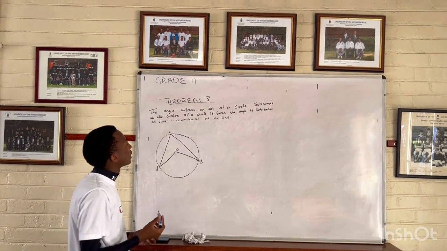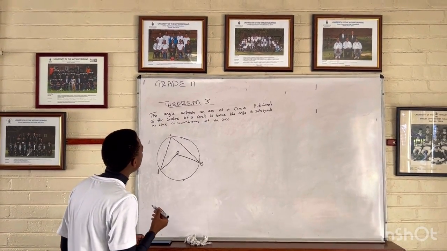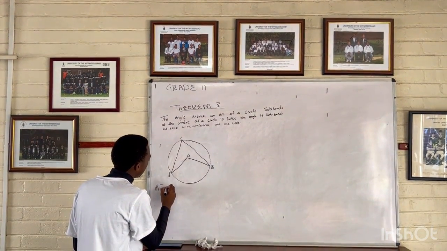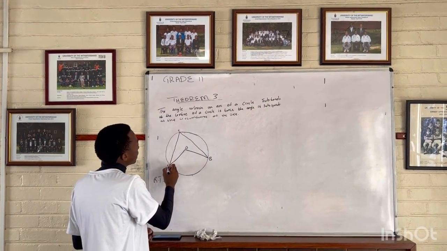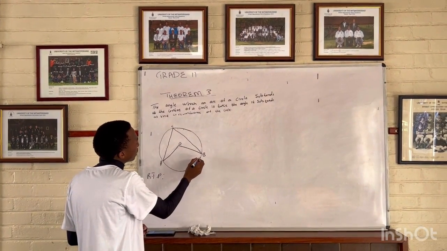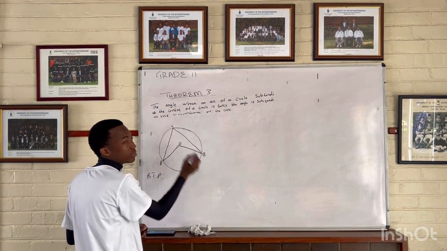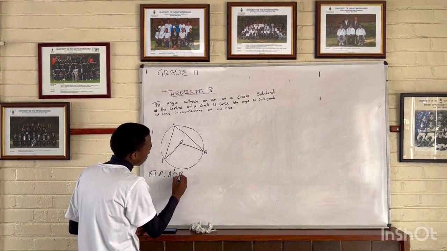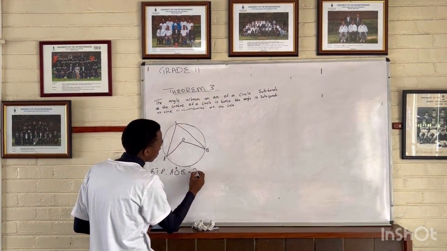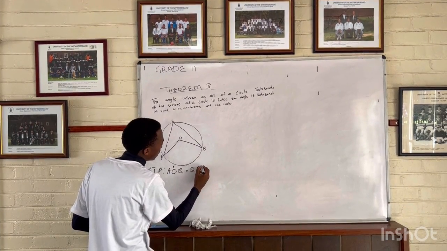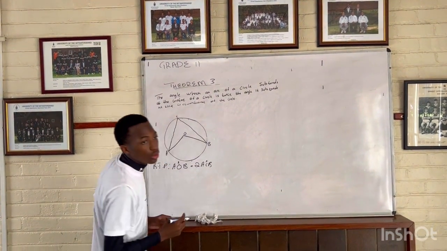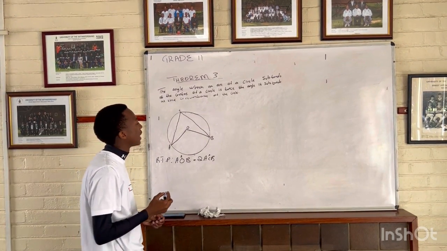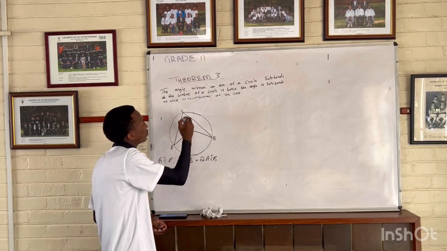So in this theorem, we are required to prove that angle AOB is 2 times angle ACB. Before we can start proving, we need to construct a line that joins C and O.